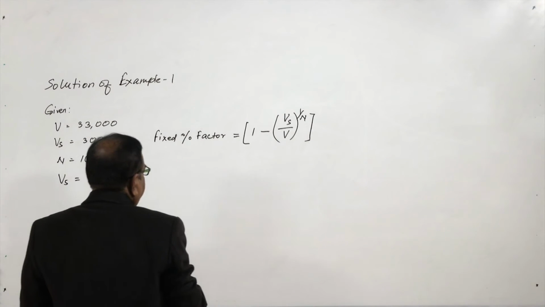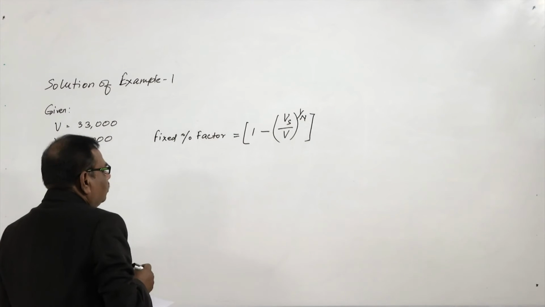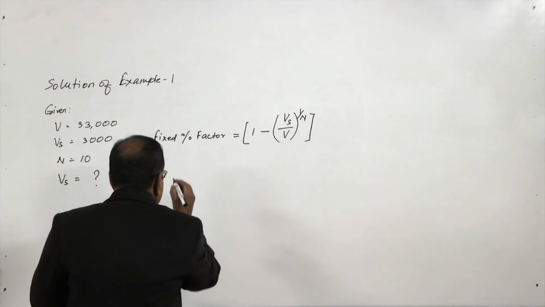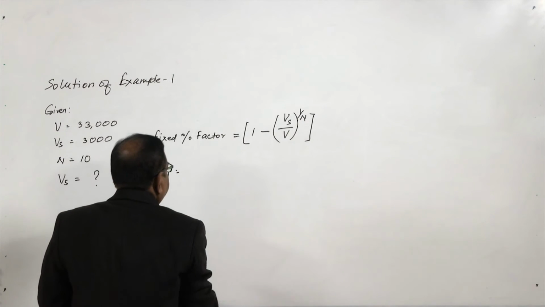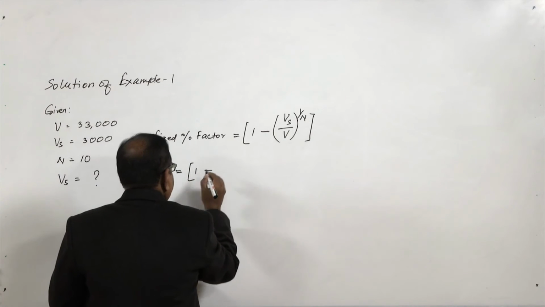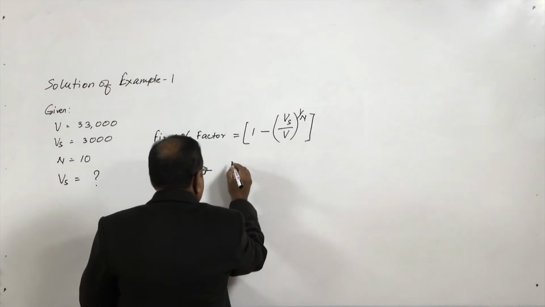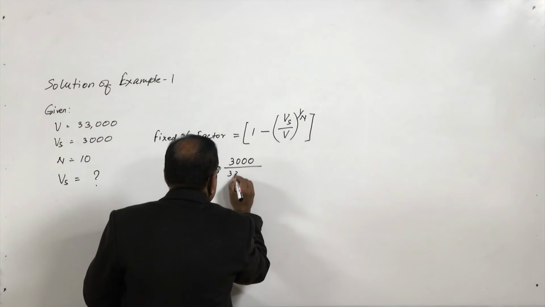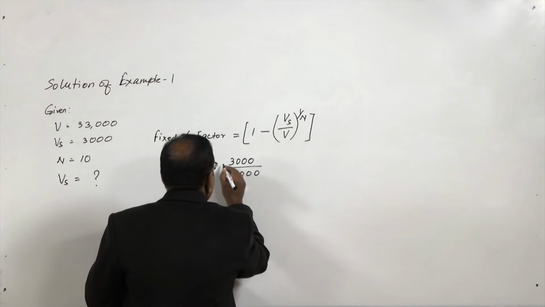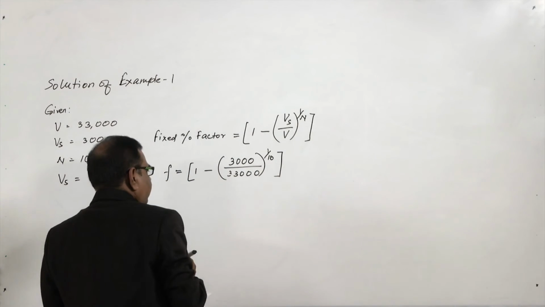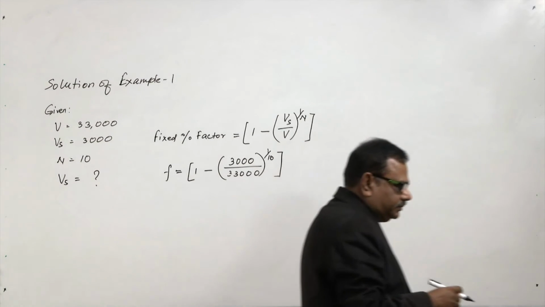Here Vs is the salvage value, V is the original value, and this factor f is equal to 1 minus (3000 by 33,000) to the power 1 by 10. So we can calculate this.